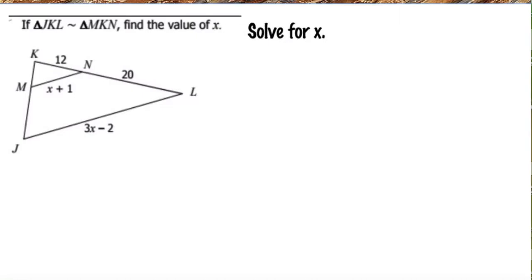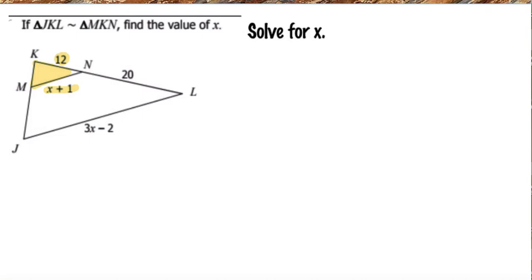In this image, I have two triangles, but they are overlapping with each other, and that causes the problem. We have a small triangle here, which has labels of sides of 12 and x plus 1.